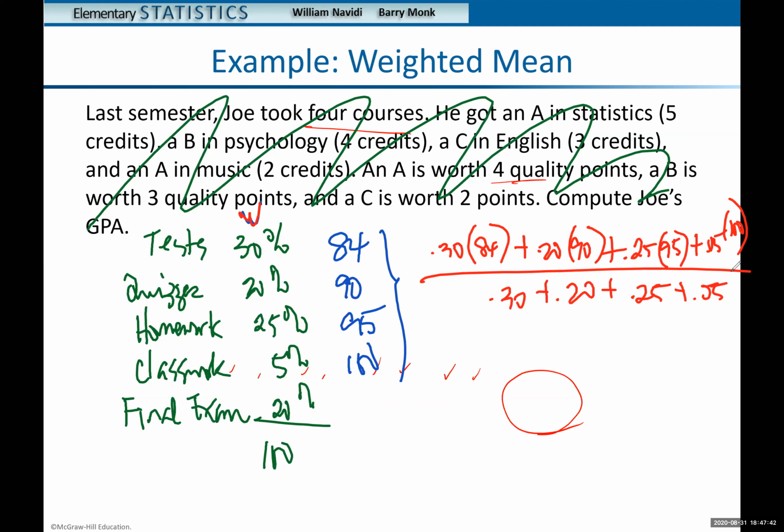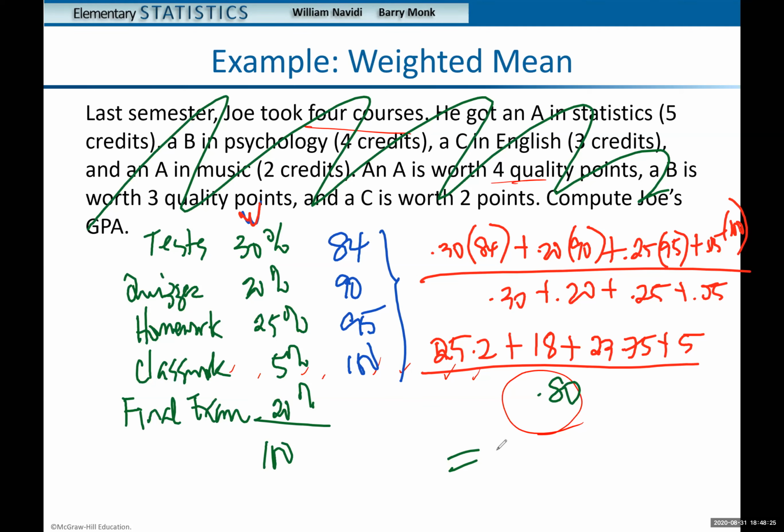So let's try that. 0.3 times 84 is 25.2. 0.2 times 90 is 18. 0.25 times 95 is 23.75. 0.05 times 100 is equal to 5. Then if you add the weights, 0.3 plus 0.2 plus 0.25 plus 0.05 is 0.80.